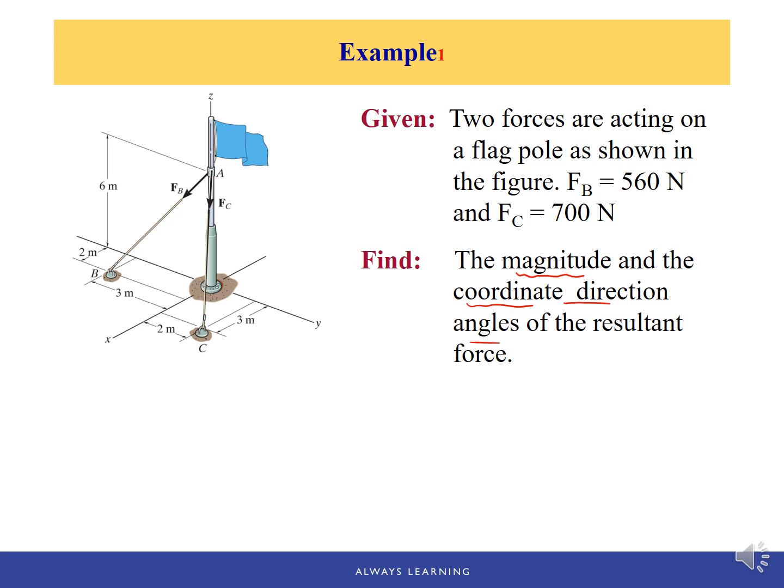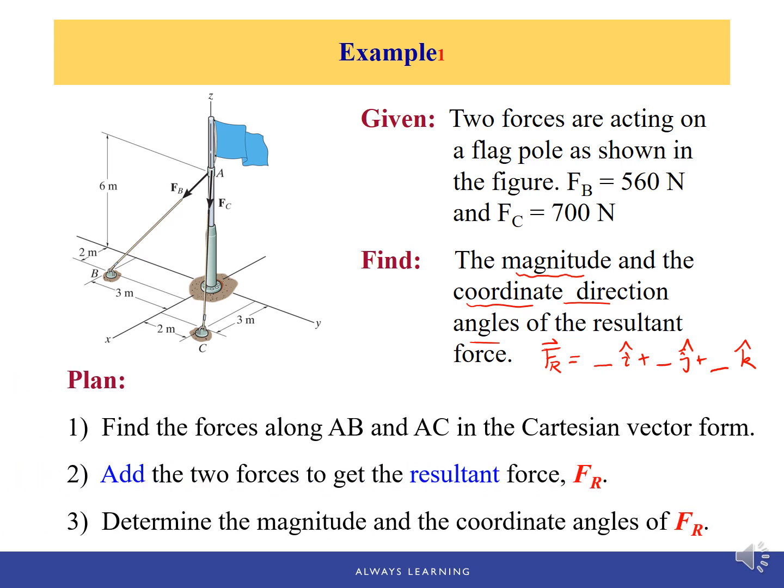So when you're looking for the magnitude and coordinate direction angles, or the direction of a force, that means you want to write the force in Cartesian vector form, in this form of i, j, k hat terms, and from there, we can find the magnitude and the direction of a vector. And to find the resultant vector, we just need to find FB and FC in vector form, then we add them together.